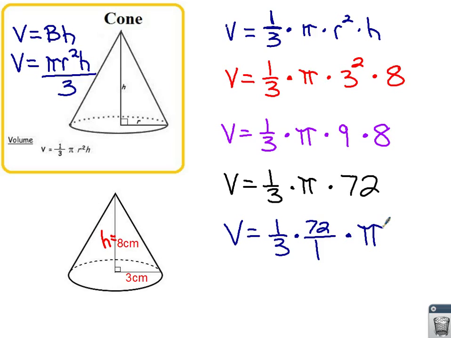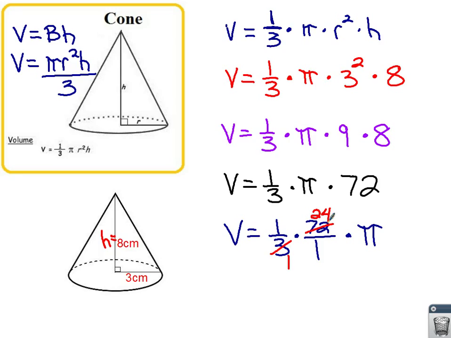Multiplication is commutative, so we could move things around out of order and it won't change the answer. All right, is there anything we can cross cancel here of 3 and 72? Well, 3 goes into 3 one time, and 3 goes into 72, I believe, 24 times.